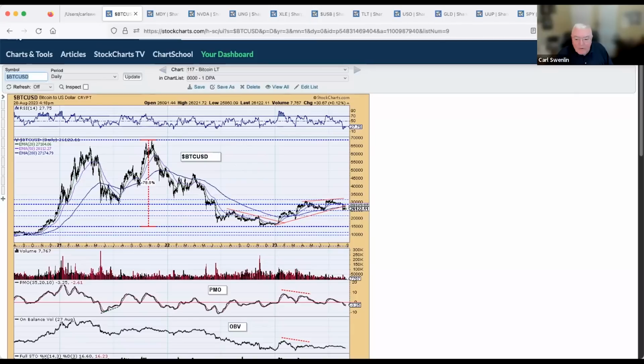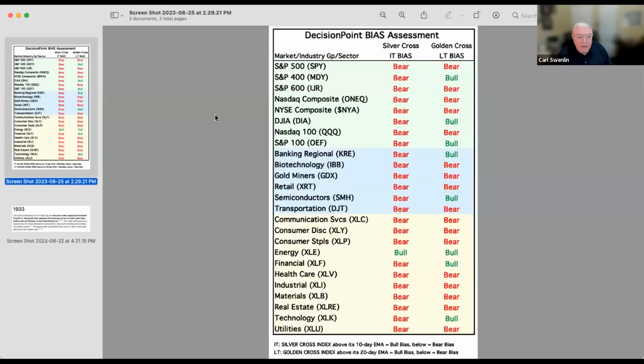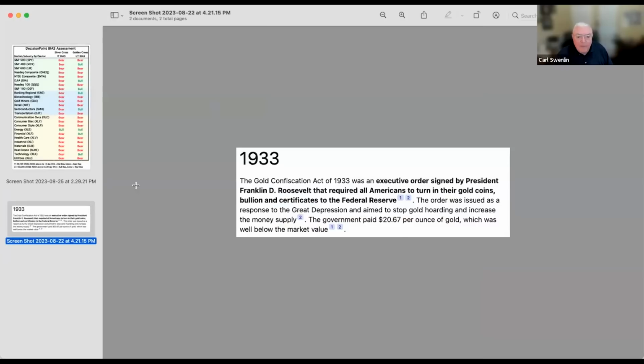I looked this up on the weekend, and remember that President Roosevelt confiscated gold in 1933. I wanted to know exactly what took place.